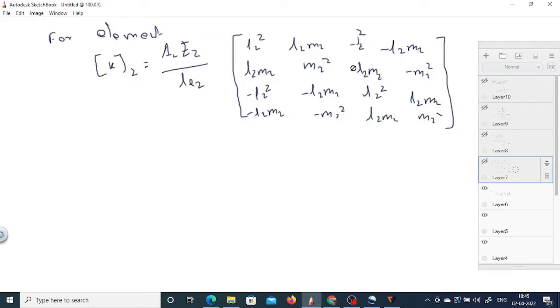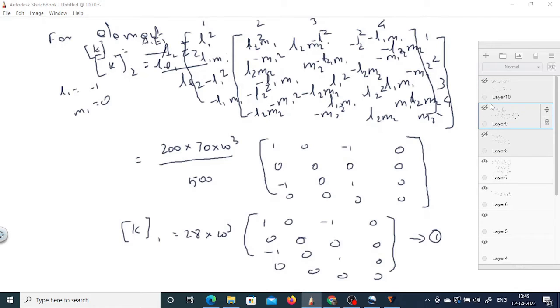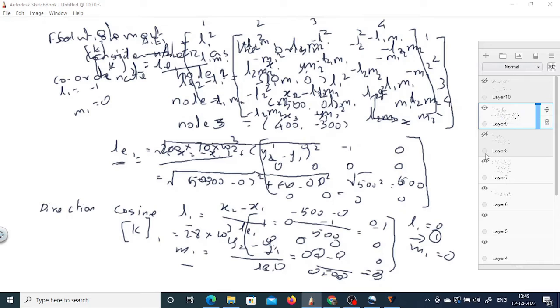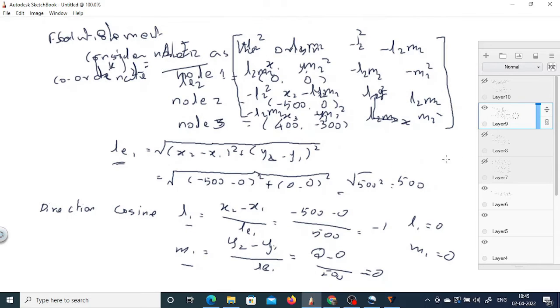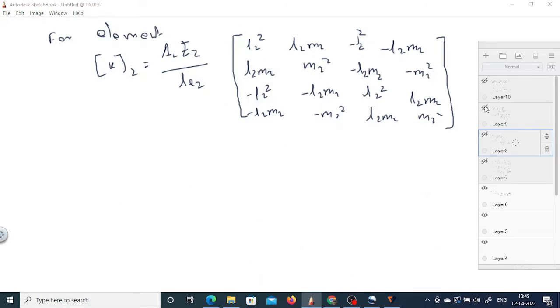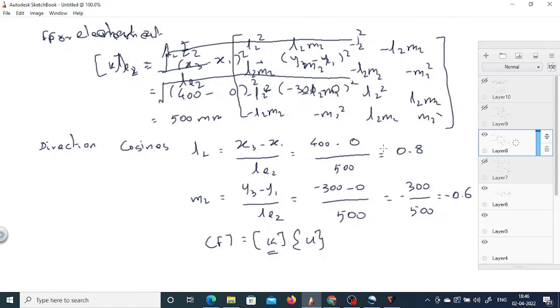What happens here? What are the L2 and M2 values? Yes, we found them from the previous slide. L2 is 0.8, M2 is minus 0.6.